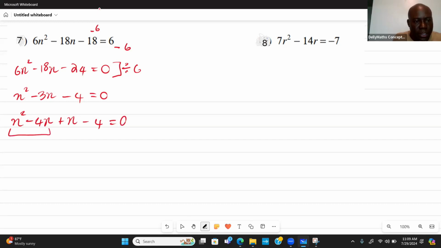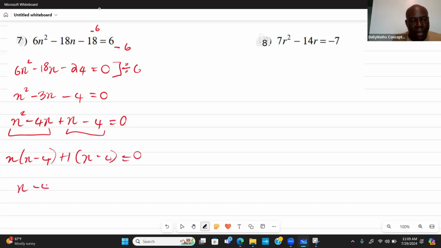If I group these up, then taking out n, I'm going to have n minus 4, and then I'm just going to have here a positive 1, and then n minus 4 again equals 0. Let's take out the common factor, which is n minus 4. And in the other bracket, I'm going to have n plus 1. This is all equal to 0.